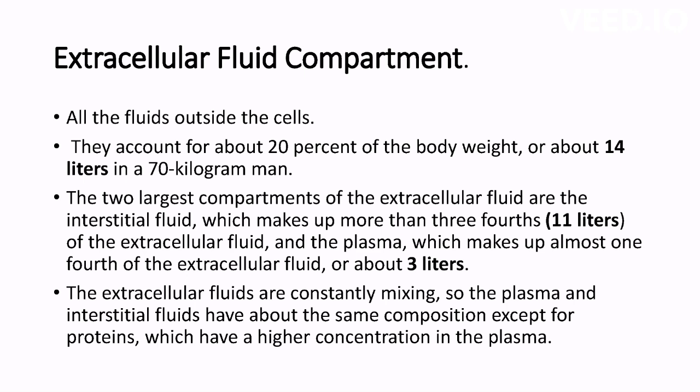And the two largest compartments of the extracellular fluid are the interstitial and the plasma. The interstitial makes up about three-fourths, which is about 11 liters of the extracellular fluid, and the plasma makes up almost one-fourth of the extracellular fluid, or you can say about 3 liters.